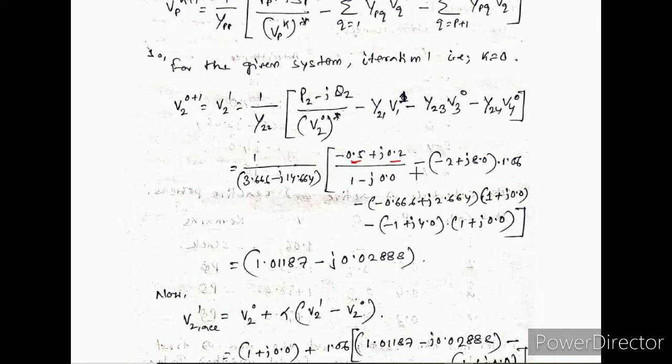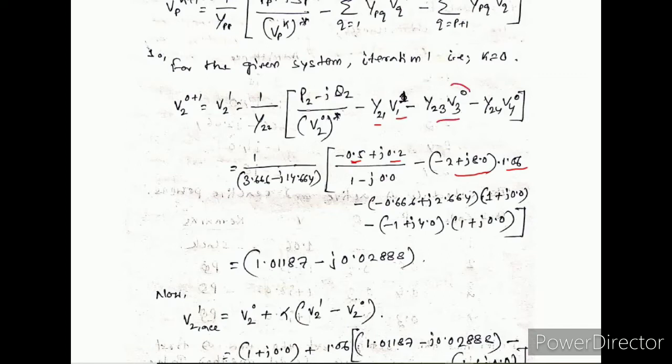Is it clear? Now minus of y of 2 1, this is the value of y of 2 1: minus 2 plus j 8.0. You can see it in the y bus matrix, and V1 as per the data given in the numerical is 1.06. Similarly, we will put all the values of y of 2 3 into V3 to the power 0.